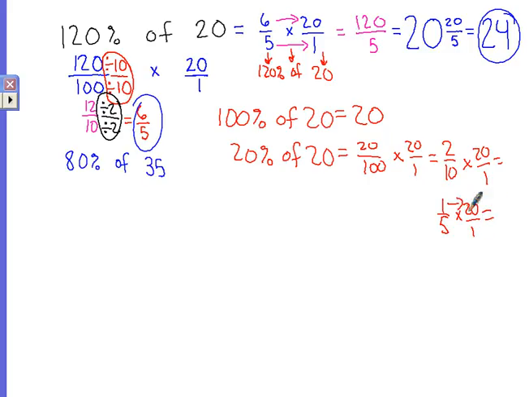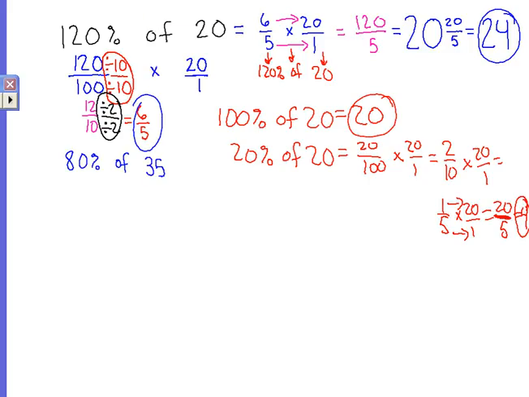Multiply straight across. 20 times 1 is 20. 1 times 5 is 5. And 20 over 5 is 4. Remember that the over sign is the same as division. So you could have also got 24 then by taking the 20 for the 100% and adding it to the 4 for the 20%.